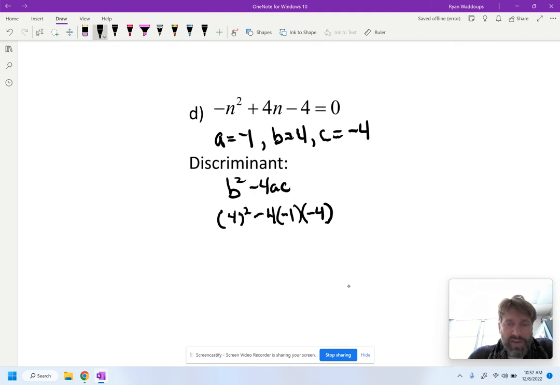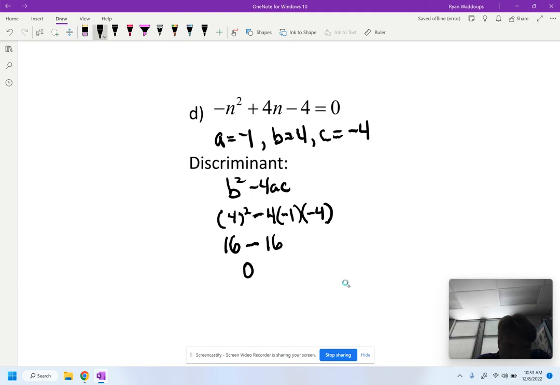And 4 squared is 16. And then I've got a negative, negative, negative. If you have an odd number of negatives in a multiplication like this, the result will be negative. And then 4 times 1 is 4, and 4 times 4 is 16. So I've got 16 minus 16, which is 0. Our discriminant is 0.